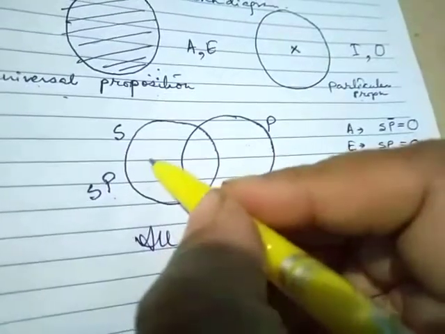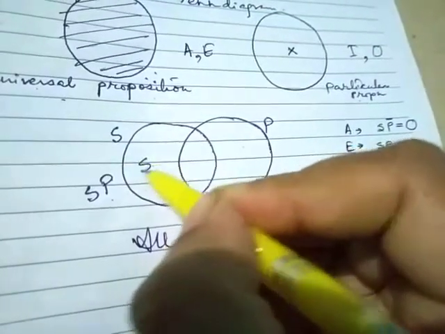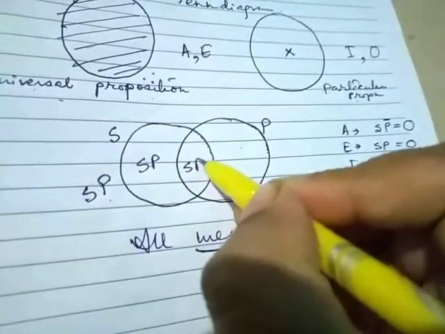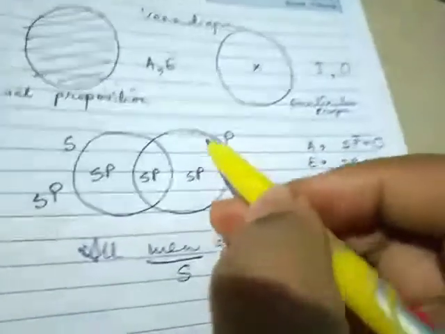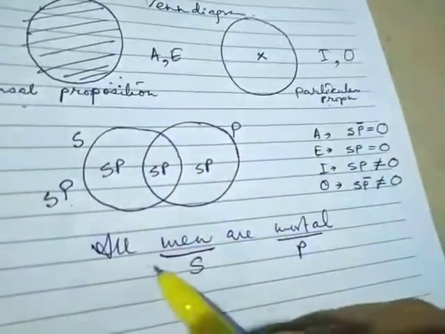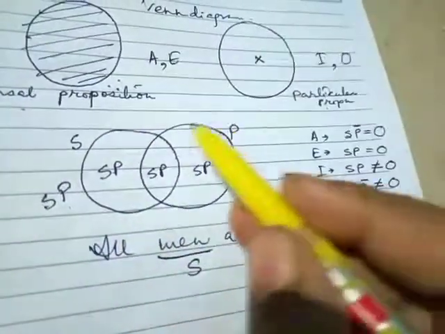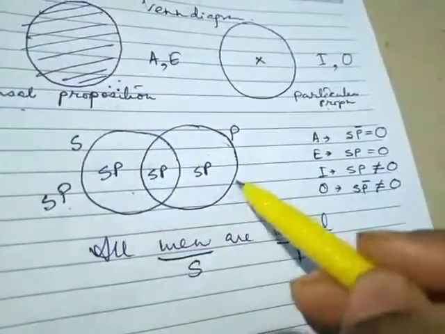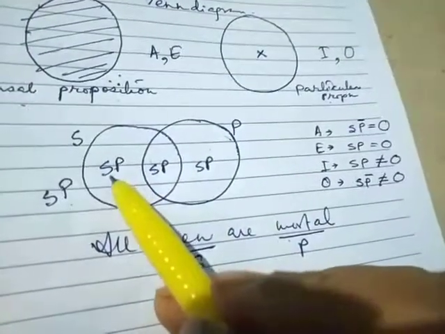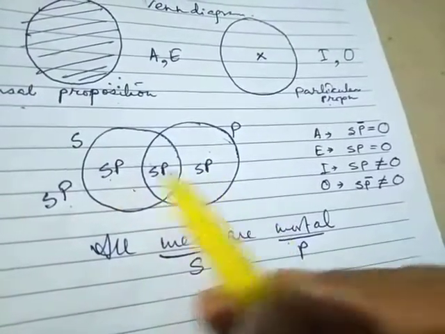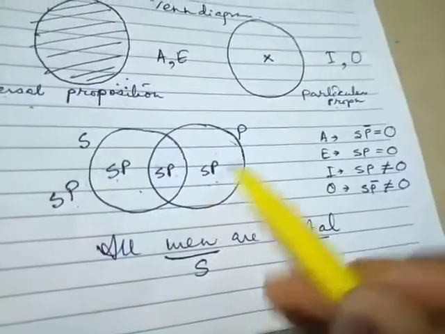Here you can see these are two intersecting circles, because this is a whole sentence: all S is P. Now I have put both subject and predicate in all the sections of the circle.